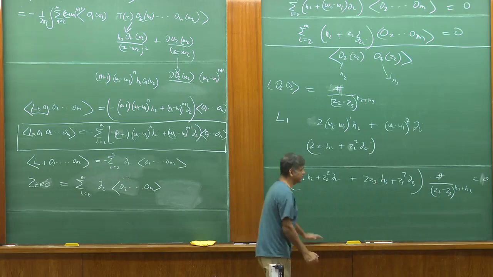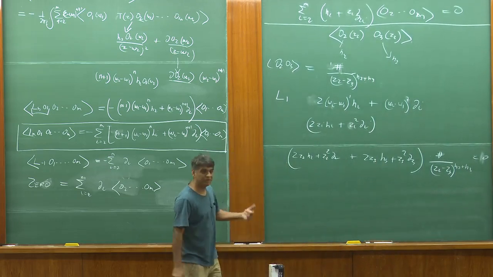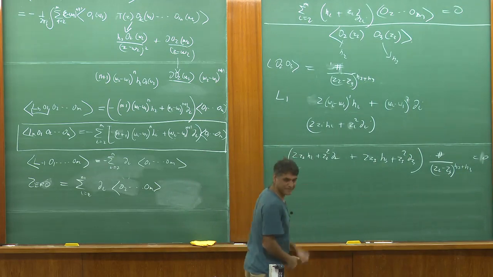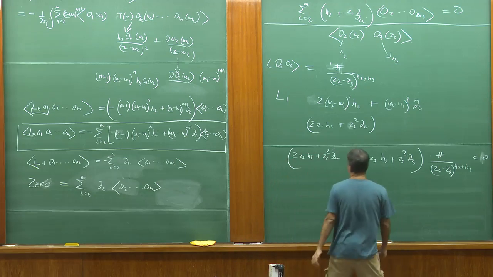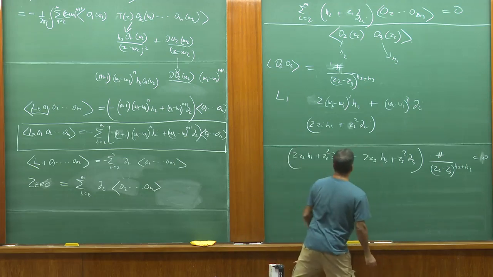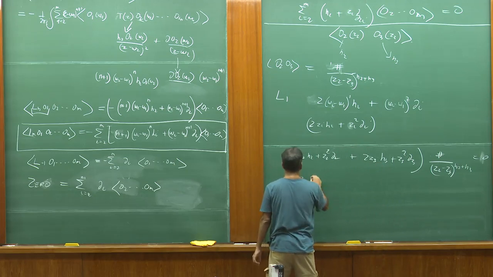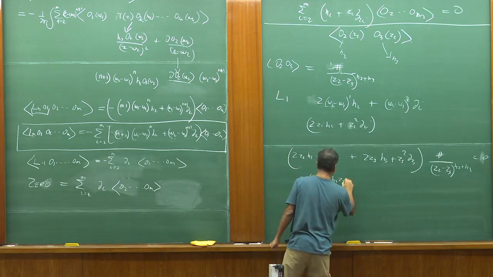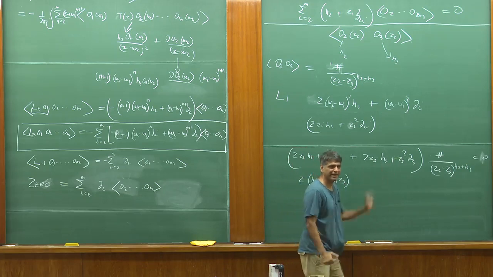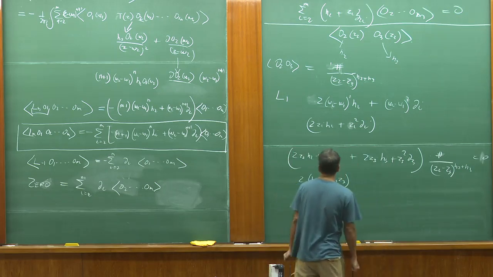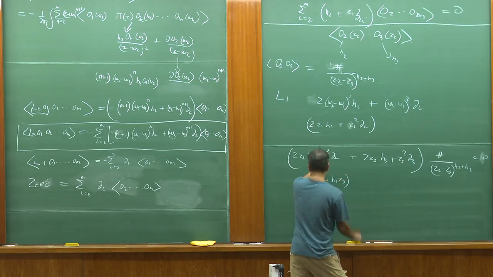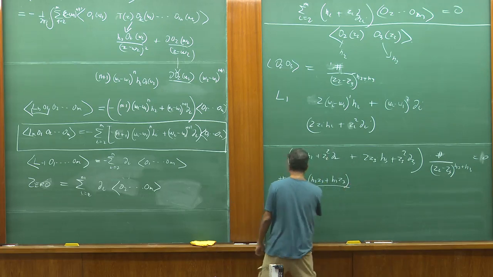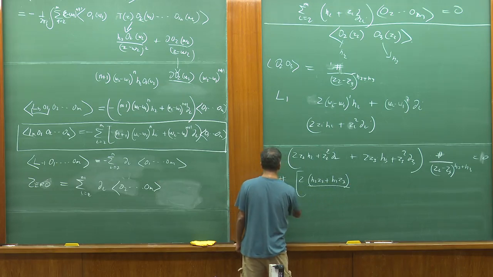Okay, now let's just work it out. It's a pain, and often we will not work out these things. I will just tell you when we have more complicated algebra, but in this case, let's work it out. Of course, these are just multiplications, so we get 2 (h2 z2 plus h3 z3) from here, multiplying this guy. Now what about this guy? Everything divided by this number times z2 minus z3 to the power h2 plus h3.